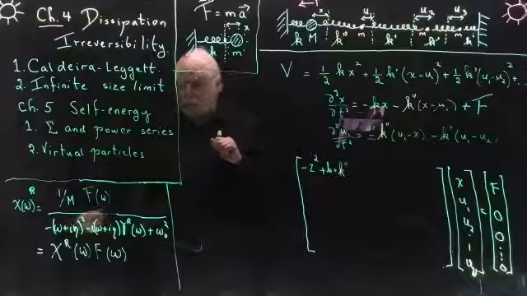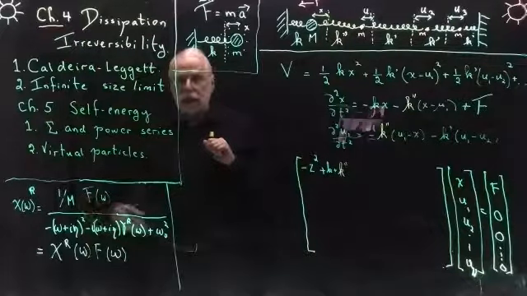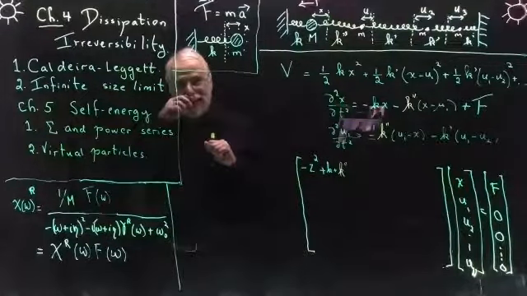I do this because if there's no damping, for example, suppose that gamma is 0, then you see that you need the poles to be in the lower half plane, and that's the way they will be in the lower half plane.